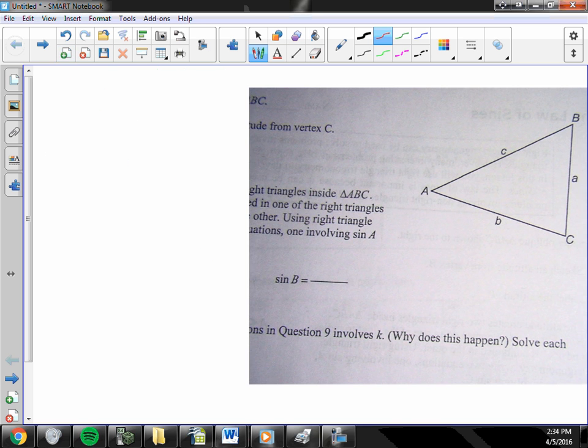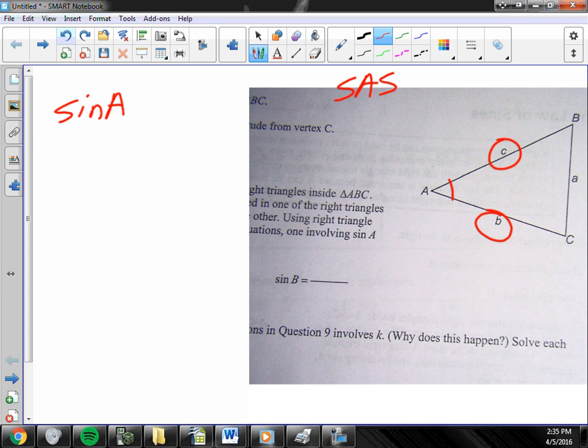Let's go over to my triangle. Let's test side angle side. If I knew angle A and side a, nope, that wouldn't be side angle side. Sorry. So this would be side angle side. So if I were to plug that in the formula, I know what the sine of A is, and I don't know, this would be unknown.